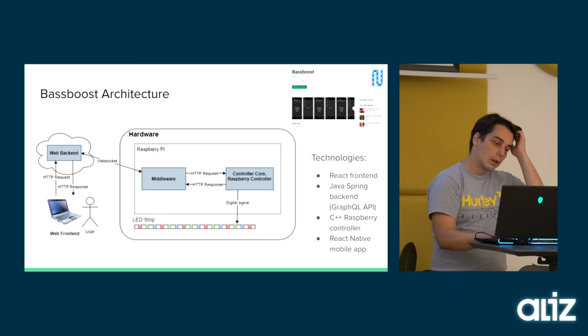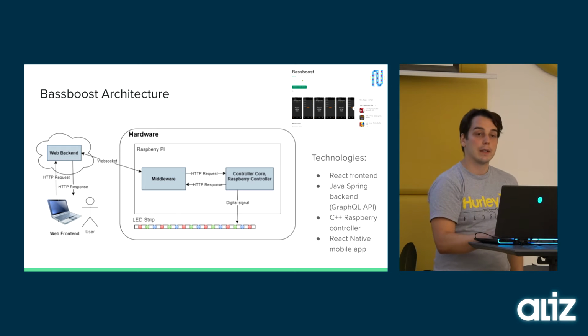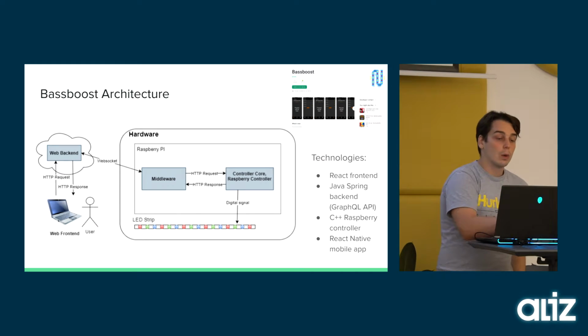So why this WebSocket connection is necessary, you might ask. What I wanted to do is control the LEDs through a browser. So I can't really initiate a communication from a browser to a Raspberry Pi because it doesn't have a public IP address.